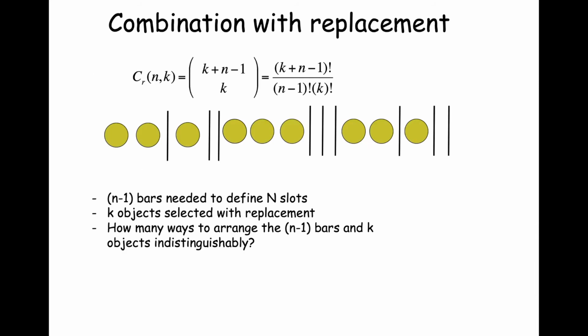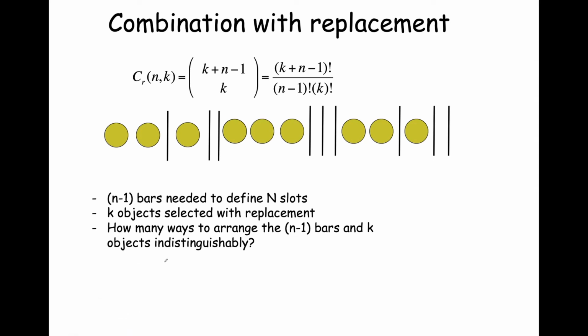We also talked about combination with replacement. And for combination with replacement, we're going to make a choice of k many objects out of a pool of n total alternatives. And so we have our n objects. Let's draw this out. Let's select blue.